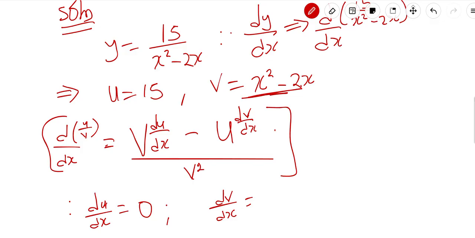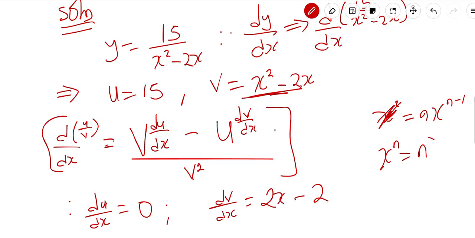To differentiate v with respect to x, the approach is using the addition, subtraction, differential rule. So we're going to have 2x minus 2. When you differentiate x squared, using the power function rule, which states that x to the power of n gives nx to the power of n minus 1, if I have x to the power of 2, it simply means 2x to the power of 2 minus 1.